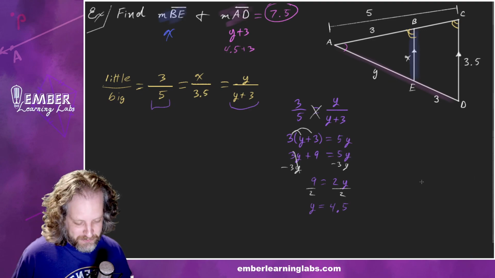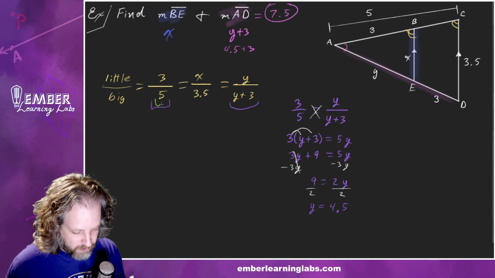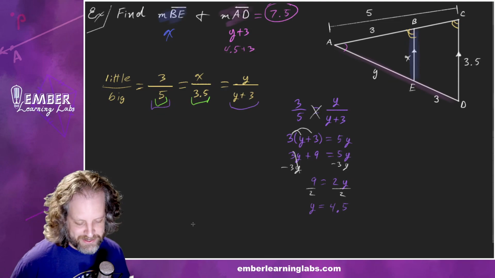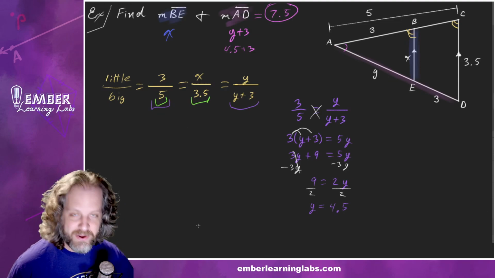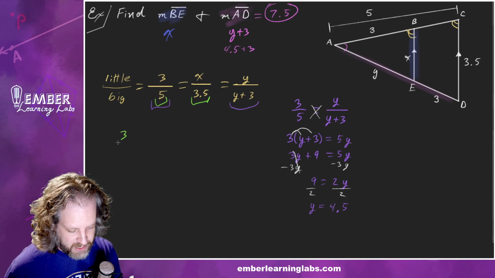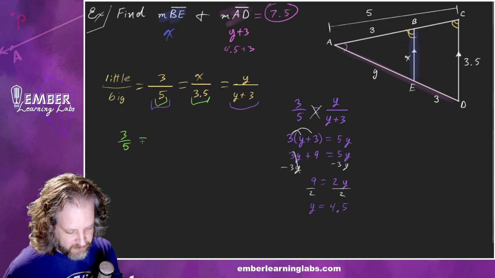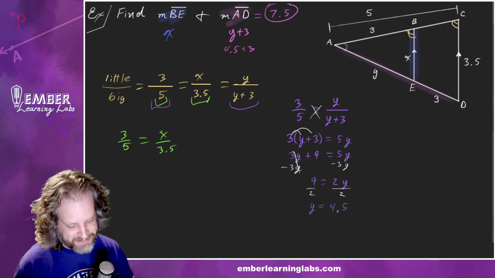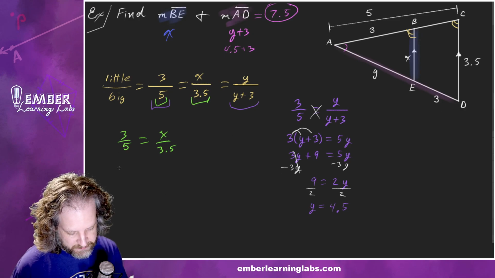So now we've got no variable, and we've got one variable. We can use that proportion, and we can solve for X, which is great. So 3 to 5 equals X to 3.5, right? That's easy peasy. 5 times X is 5X.